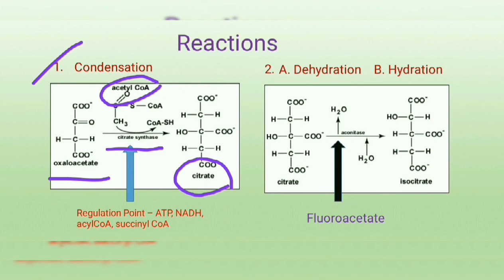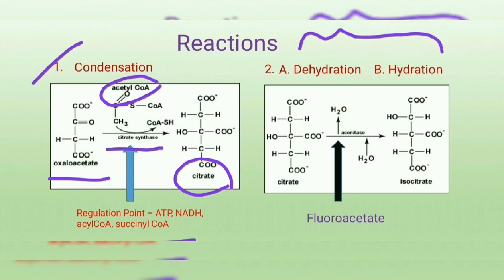Here in this pathway, the regulation point is your citrate synthase, and it can be regulated by ATP, NADH, acyl-CoA and succinyl-CoA. And coming to the second reaction, which has both hydration as well as dehydration, wherein we have a removal of a water molecule and addition of a water molecule.